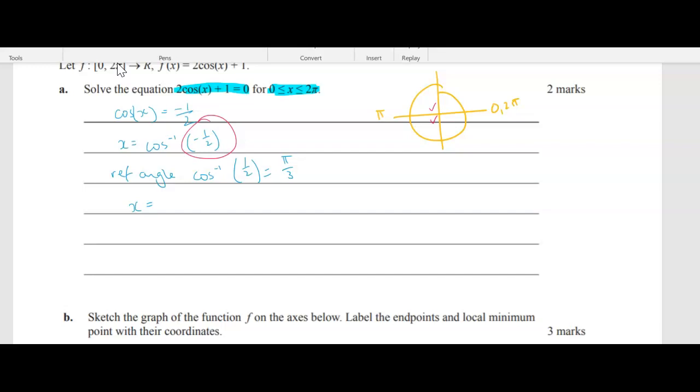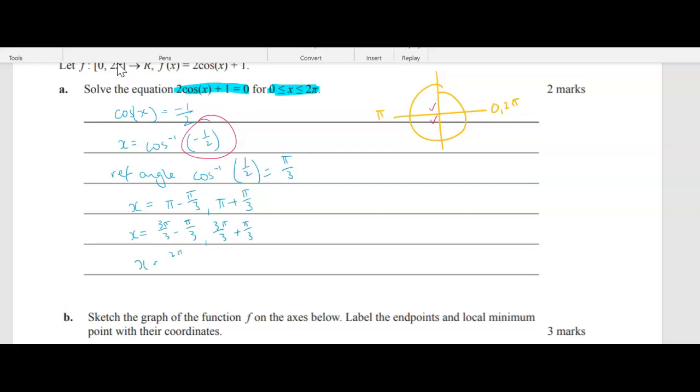In the previous one, we were doing x on 2. In other questions, we've done 2x, it's just x, which is nice. Okay, so we've got pi minus our reference angle and pi plus our reference angle. Now, we don't have any other solutions because we only want to go from 0 to 2 pi. So let's just tidy that up. So we're going to have 3 pi on 3 minus pi on 3, and then 3 pi on 3 plus pi on 3.